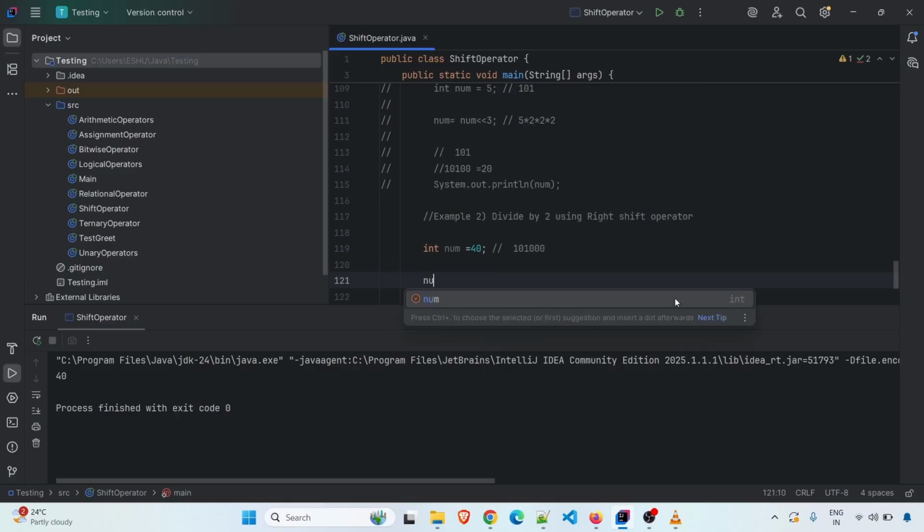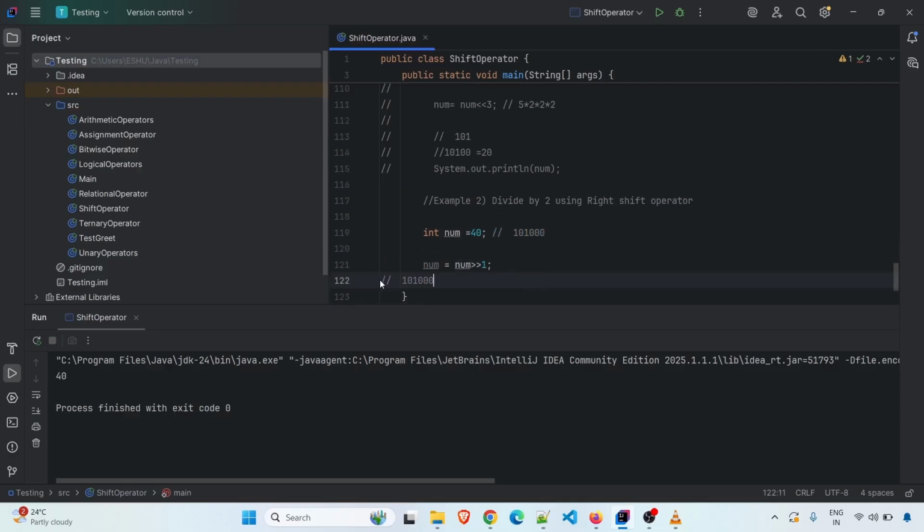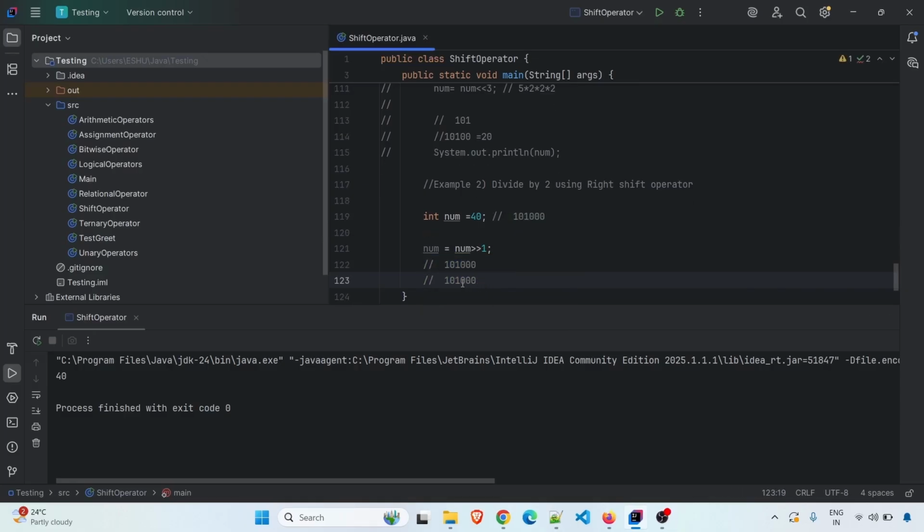I want to divide this number by 2. So num equal to num right shift by 1. So here I am telling take this binary representation and shift it to right side by 1 position, discard the extra bit and replace the new position or vacant position by 0.